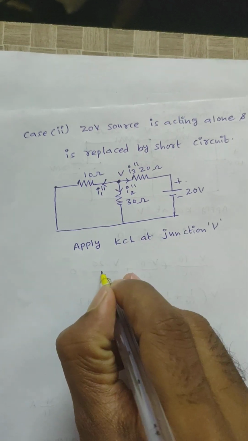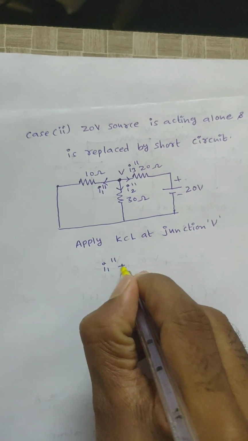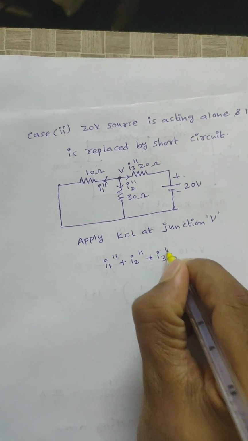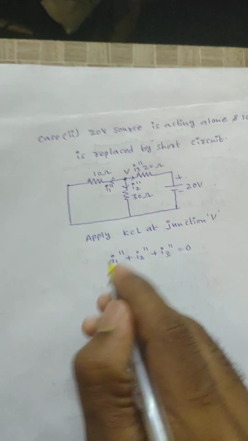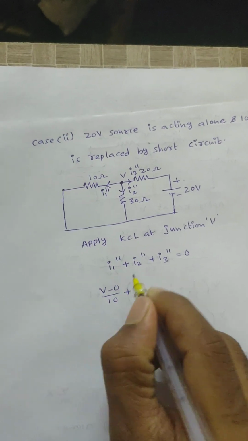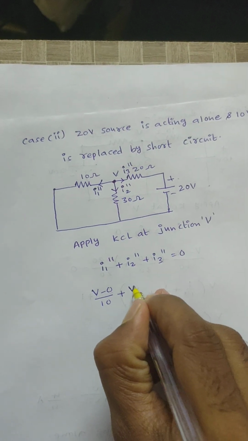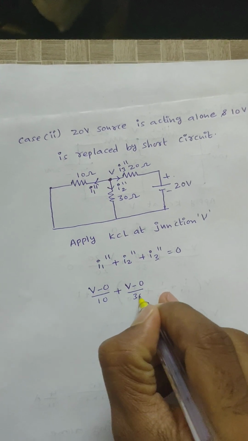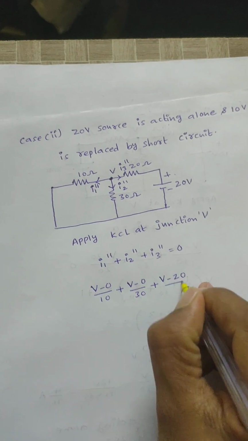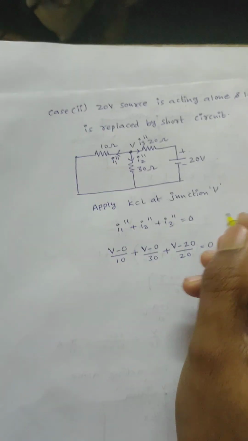You will get I1 double dash plus I2 double dash plus I3 double dash is equals to 0. I1 double dash is nothing but V minus 0 by 10. I2 double dash is nothing but V minus 0 by 30. I3 double dash is nothing but V minus 20 by 20 is equals to 0, right?